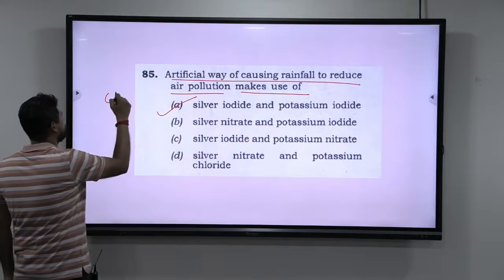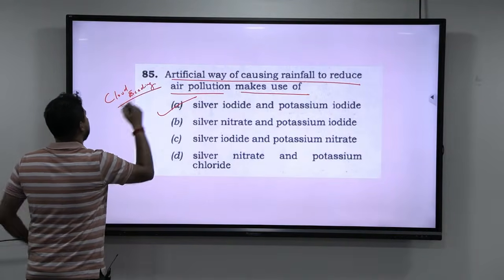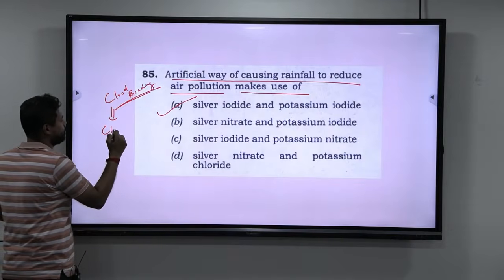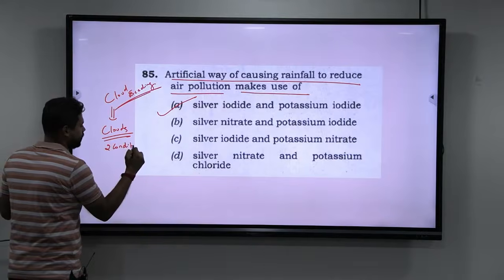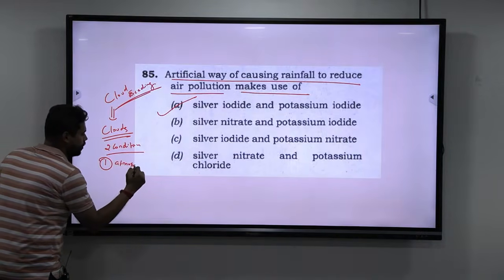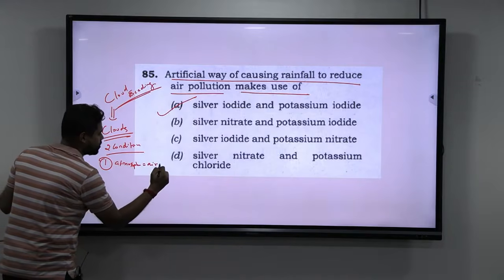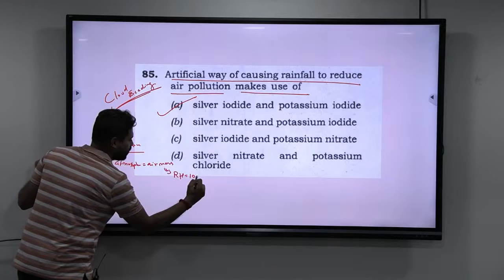Now, what they are talking about is cloud seeding. Now, understand, for the clouds to form, there are 2 conditions. The first condition is that in the atmosphere, the air mass should reach relative humidity equal to 100%.